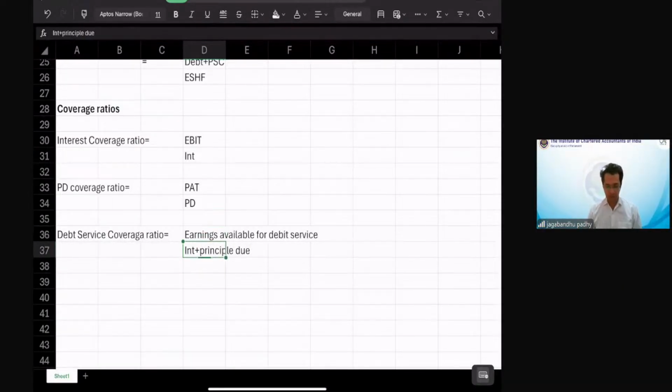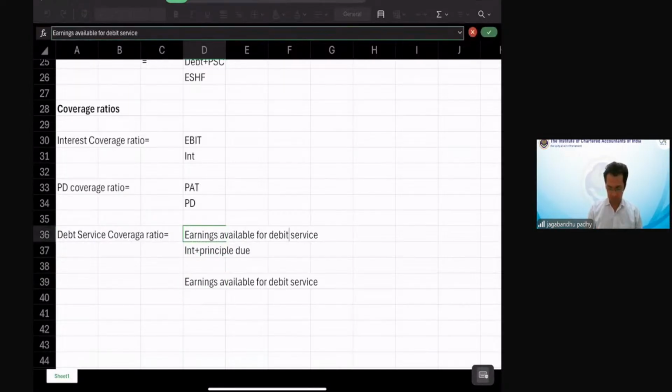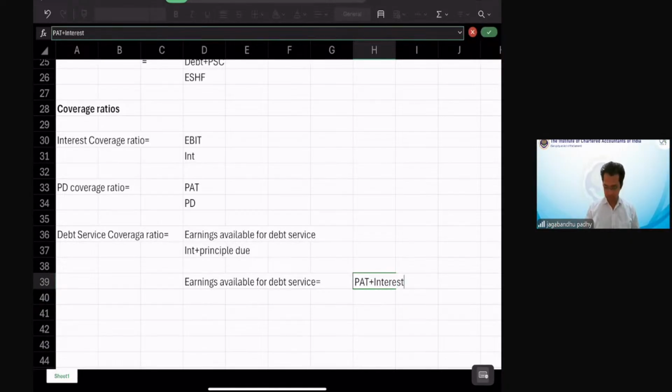So now, how do we get these earnings available for debt service? Earnings available for debt service will be computed as PAT, to that you add interest, plus depreciation, right?